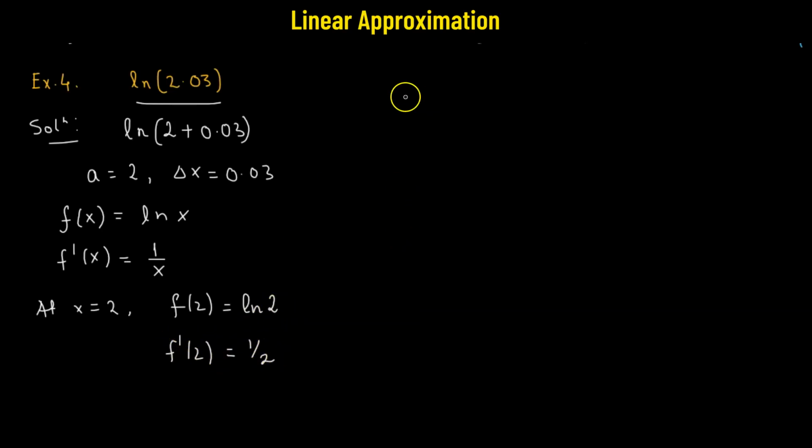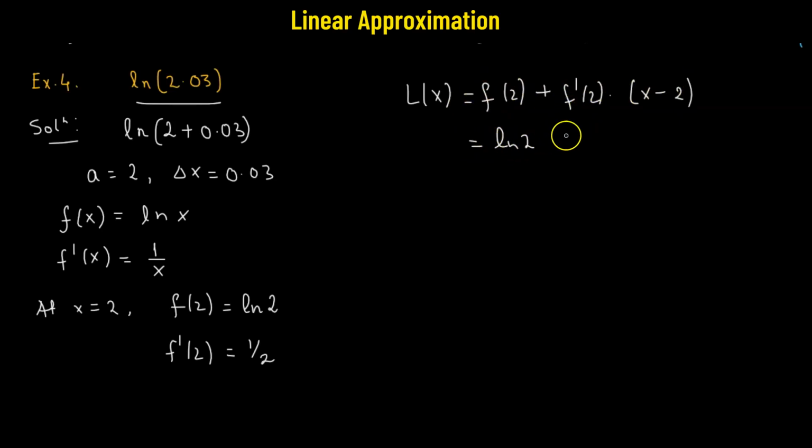So using these two values, our linear approximation function will be given by, so f of 2 is natural log of 2 plus f prime of 2. So this value is half or 0.5 multiplied to x minus 2. So this is our approximation function. Now we'll calculate the approximation for 2.03.